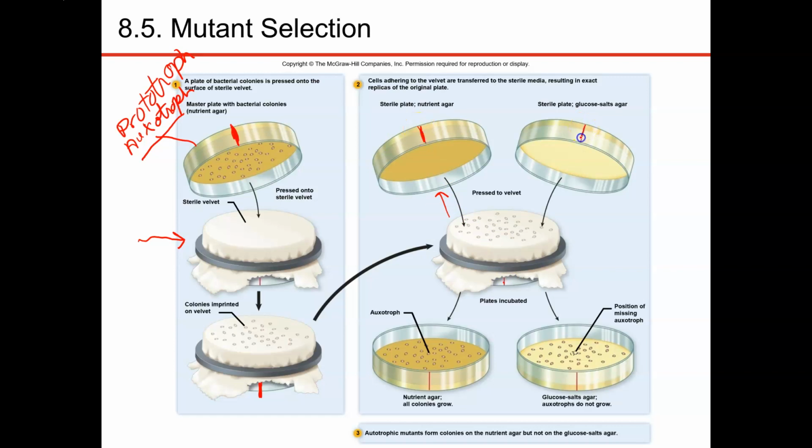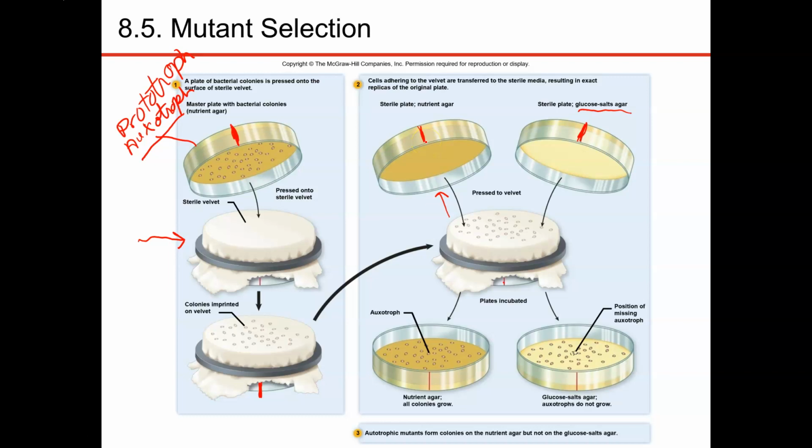a sterile agar that doesn't contain certain nutrients. So this is a glucose salt agar. It doesn't have all the nutrients required for growth of certain bacteria, certain auxotrophic bacteria, I should say. We plate them in the same spot.